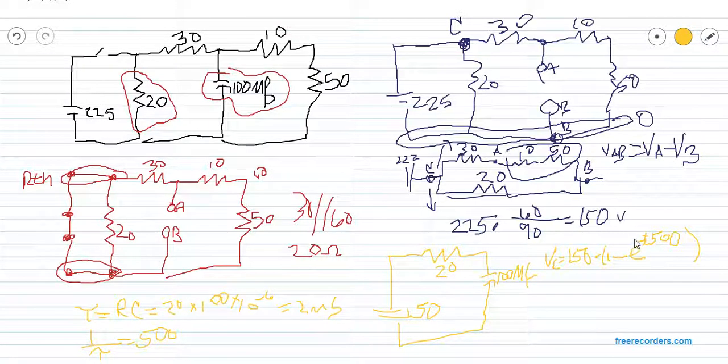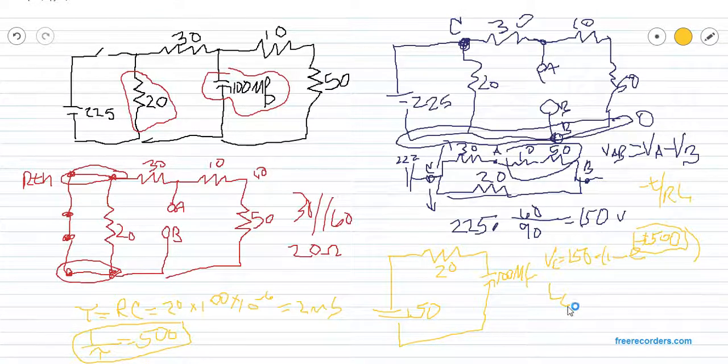We got this negative 500t because the exponent is negative t over RC, and since we did this 1 over tau, we can move that part up and multiply it by negative t, which makes it easier to put in your calculator.